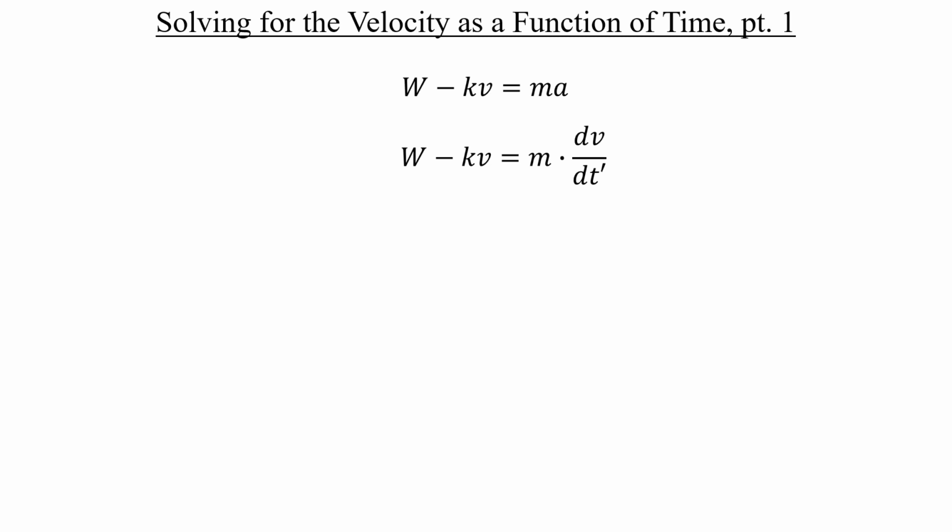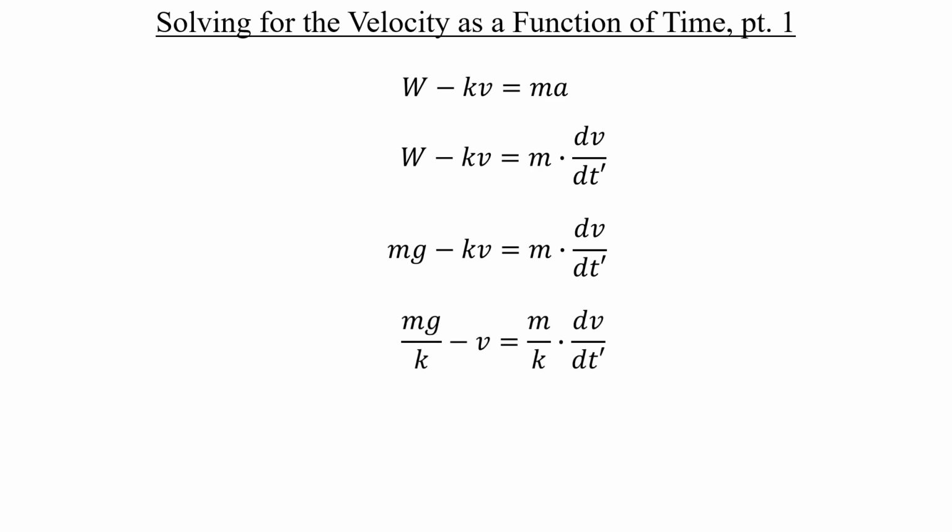Next, we will exchange the weight for mg, its definition, once again, and then next, divide both sides by k, like this. Do you notice anything familiar on the left-hand side, right there? Well, that's our buddy that we solved for earlier, the terminal velocity. Let's exchange mg over k for v sub t, like this.